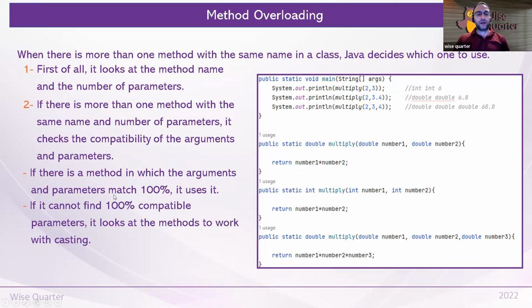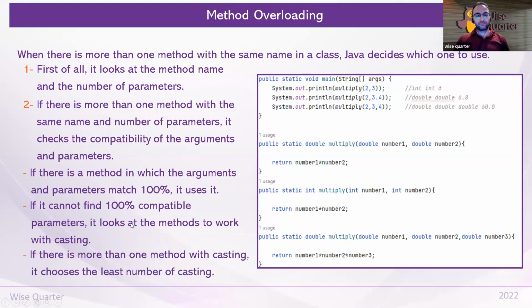If it cannot find a 100% compatible method, it will check the other methods. And if there are a lot of methods, it will use the method with less casting, the easier one. To run this method, if it needs to change 2 data types, it will say let's use the easier one.